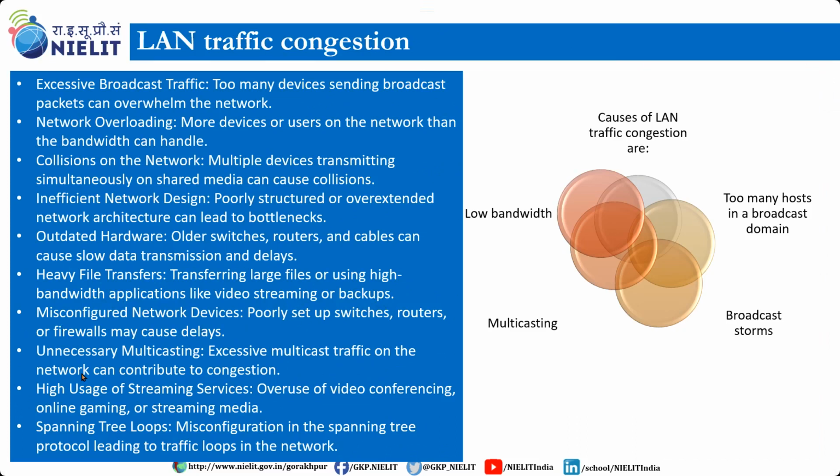Misconfigured network devices, unnecessary multicasting. Excessive multicast traffic can also be a reason behind LAN traffic congestion, like excessive broadcast. There can be excessive multicast traffic, high usage of streaming services, and spanning tree loops.